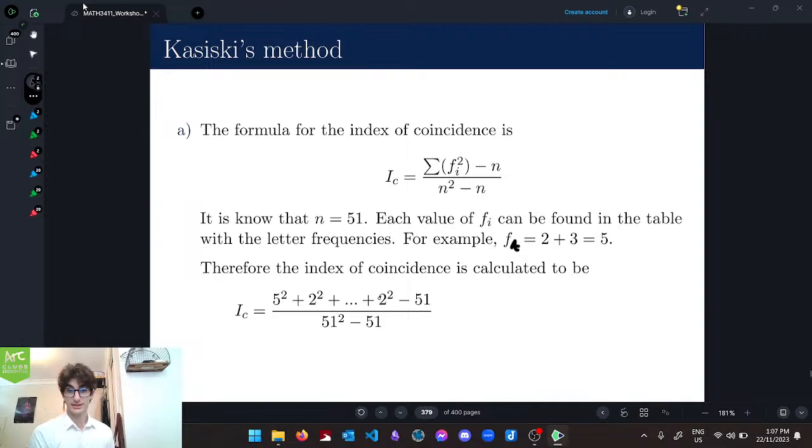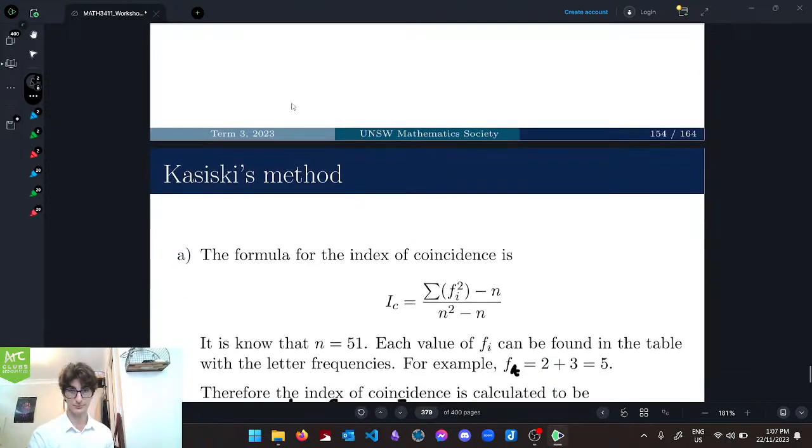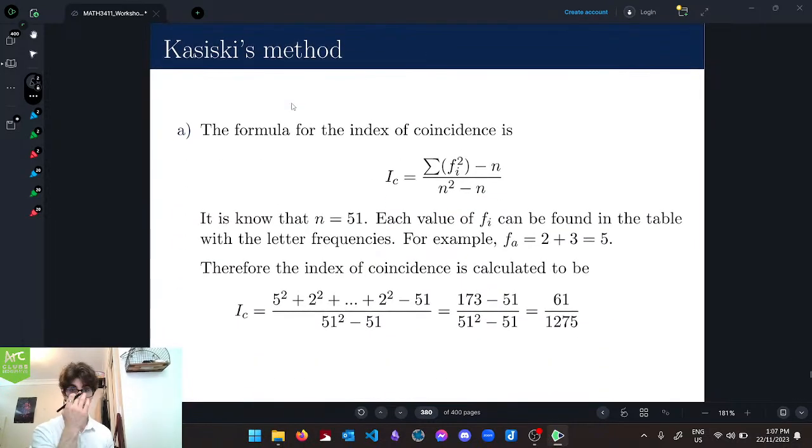So the index of coincidence is calculated to be this figure. We've got 5 for A, 2 for B, and 2 here for Z, subtract 51, over 51 squared minus 51. That simplifies to 61 over 1275, which is around about that. So that is the index of coincidence.